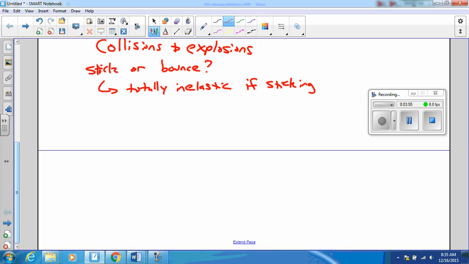And if they are sticking, the consequence is that the 2 objects now become one object with a common final velocity. And that meant that we could use conservation of momentum to solve, and we were done.